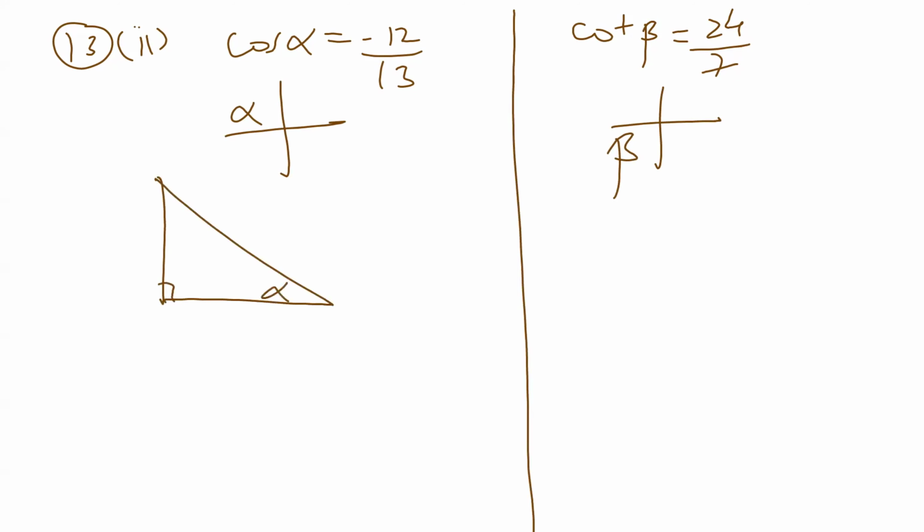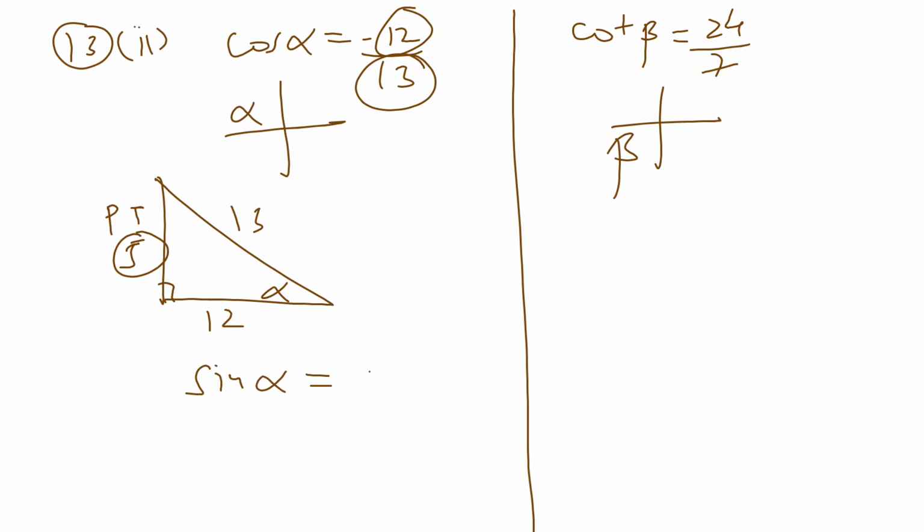This is alpha. Now cos alpha. 12 is adjacent and 13 is the hypotenuse. So by Pythagoras theorem, the opposite side to alpha will be 5. Fine. Okay, so calculate the value of sin alpha.